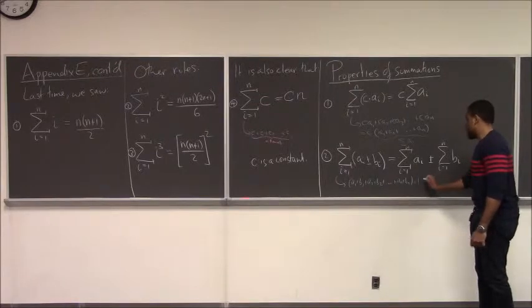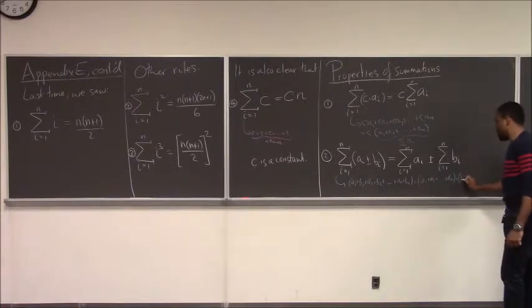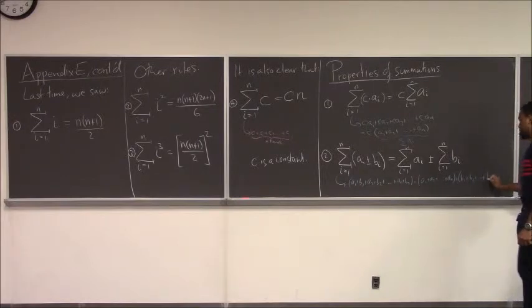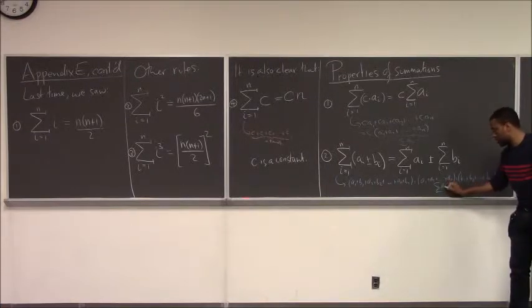You can choose that you can add all the a's and then add all the b's, because addition is commutative, so you can just arrange it so that all the a's come first and all the b's come second, and then each of these are summations.